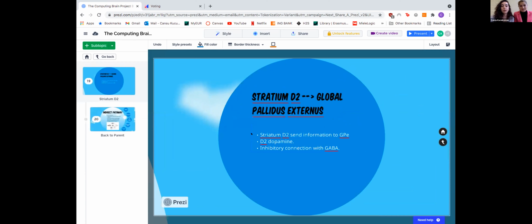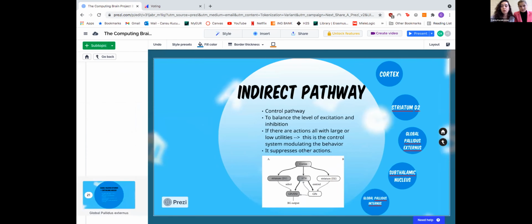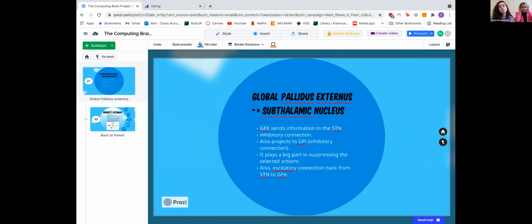Here we have inhibitory connections via the GABA neurotransmitter coming to the GPE from the striatum D2. Okay, then we go from the GPE, which only the indirect pathway has, to the STN. And this is an inhibitory connection as well. And from the STN, it goes via an excitatory connection to the GPI.